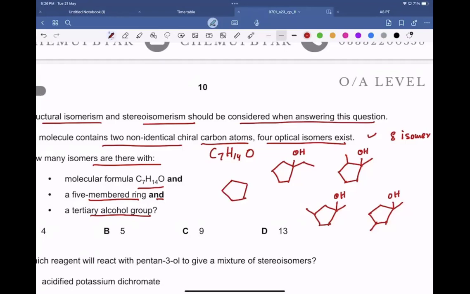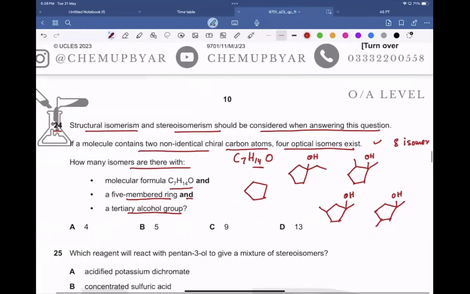It is C7H14O, which means there must be a double bond over here.